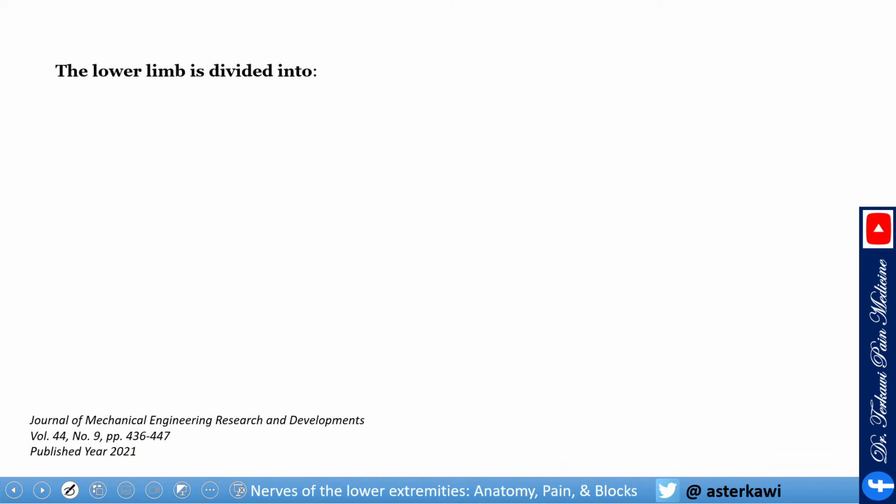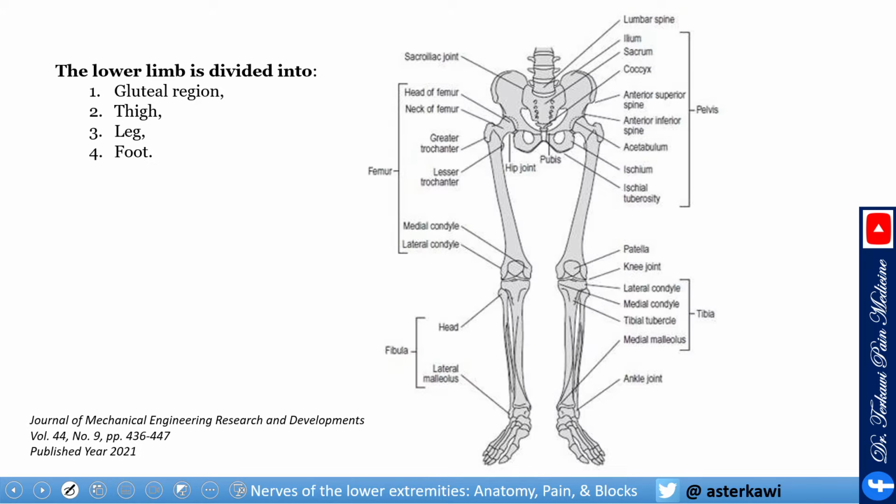So the lower limb is basically divided into gluteal region, thigh, leg, and foot. As you see here, this is the pelvis, and this is the femur, and this small bone here is the fibula, and the bigger bone is the tibia. Then, of course, you have the ankle and all these details.